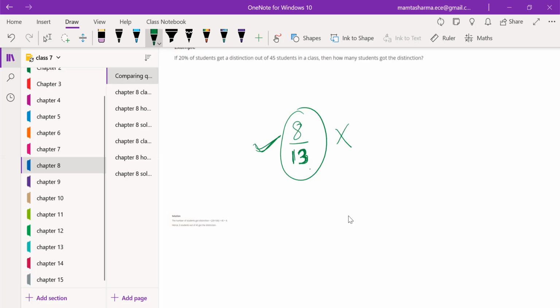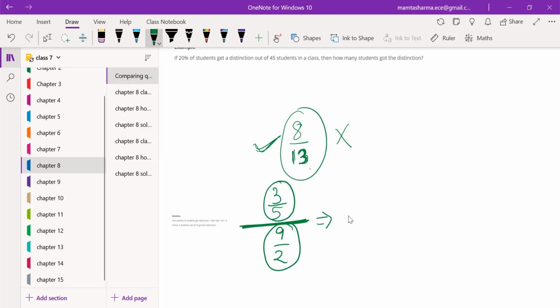The other one is 3:5 is to 9 by 2. So how will you simplify it? First, you simplify the middle division. Assume this is one quantity and this is the other quantity.